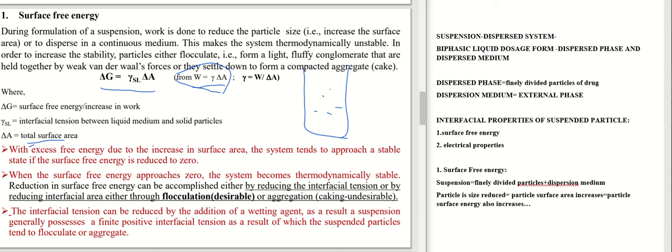Because of size reduction into finely divided solids, some work will be done, and at the same time there will be a change in the surface area. As surface area increases, the surface free energy also increases. So that relationship is given by this equation: delta G is equal to interfacial tension into the change in the surface area.